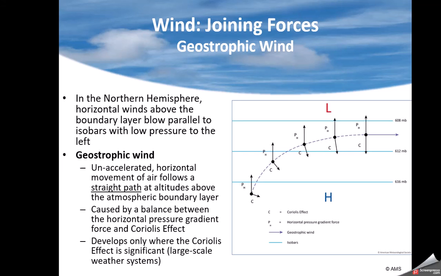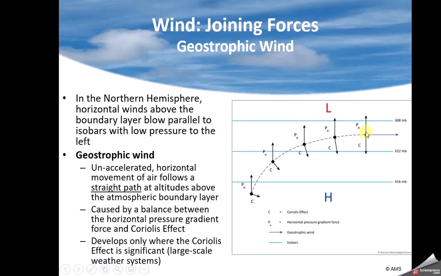Geostrophic wind. Now we're going to just take a couple forces here. We're taking the Coriolis force and the pressure gradient force. So pressure gradient force always acts perpendicular to lines of equal pressure. So you can see it here, always pointing from high to low. Coriolis force starts out pointing to the right. So it is deflecting this air parcel to the right, always.